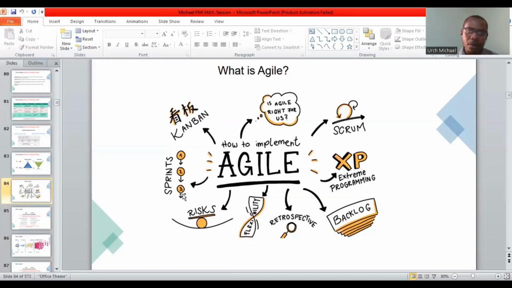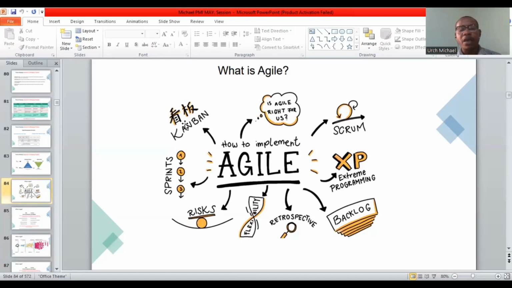The execution of a project has to be broken down into sprints. So it's not like you're rolling it out at once, but you're breaking it down into sprints, possibly because you're delivering products or possibly because you want to be getting feedback in between those sprints.